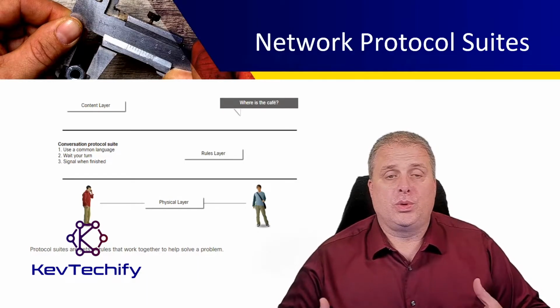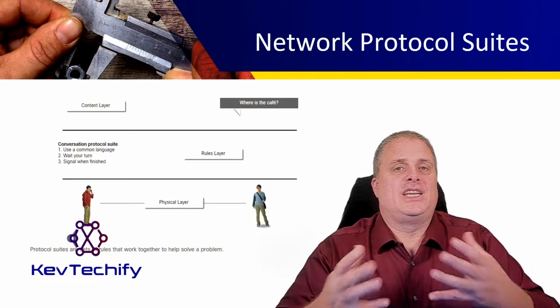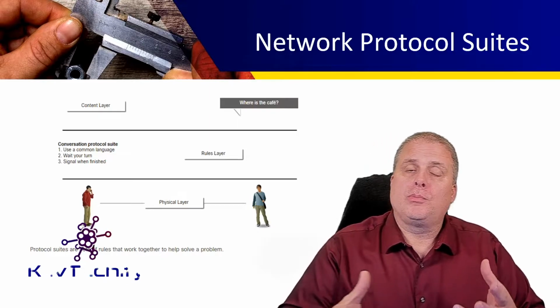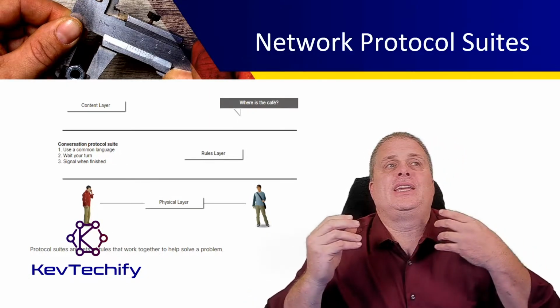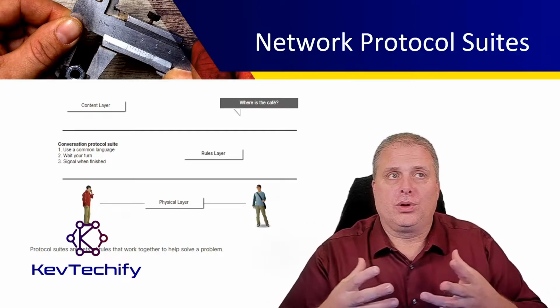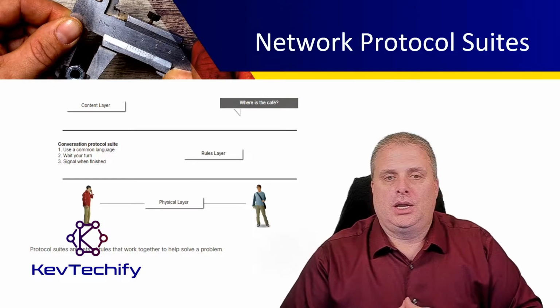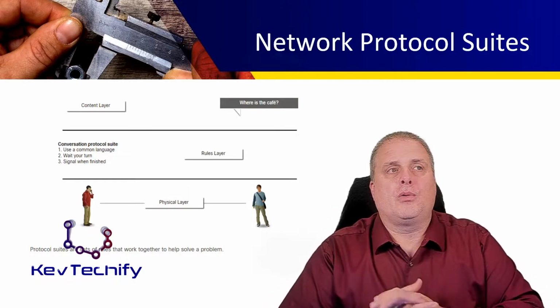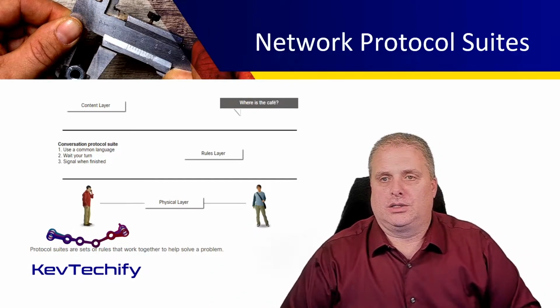A protocol suite is a group of protocols that work better together. Some protocols work better with other protocols, and a lot of times we group them up into a suite. It's interrelated protocols necessary to performing a communication function. Normally these suites are organized into layers.